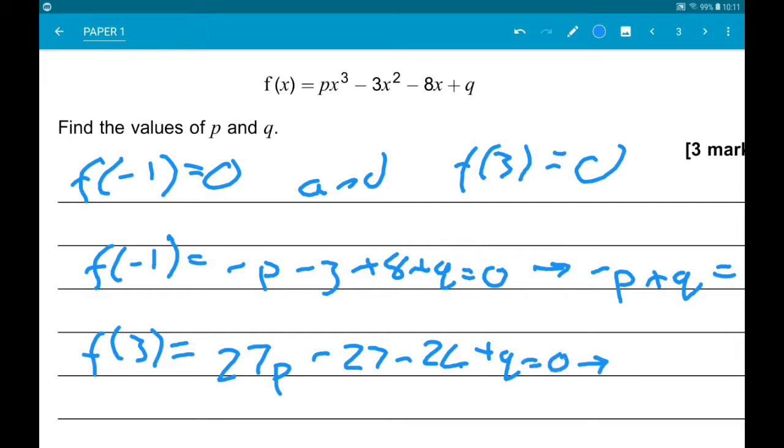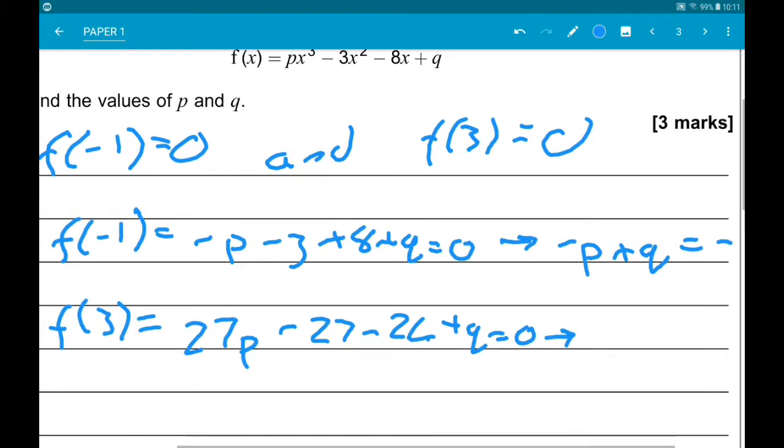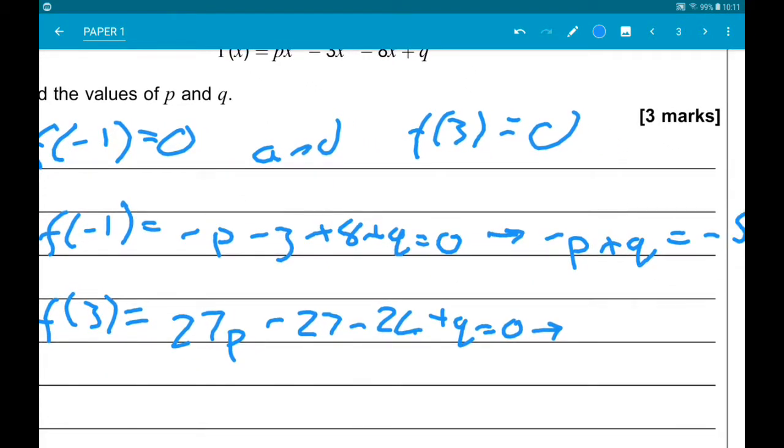So from this we can get 27p add q is equal to 51.